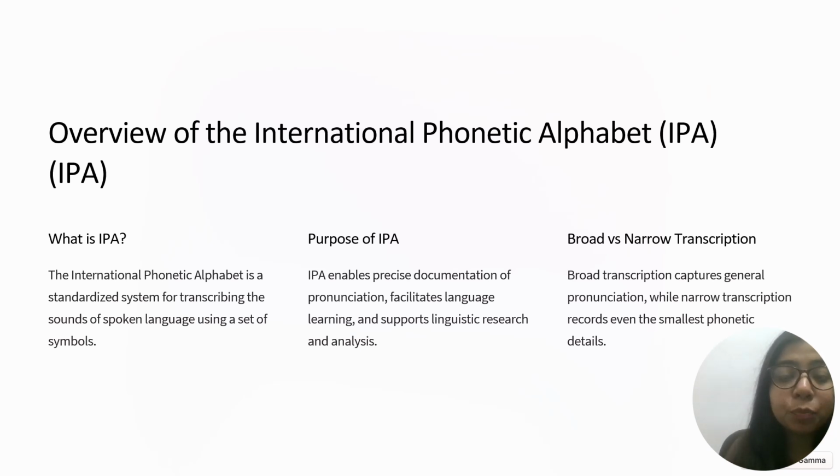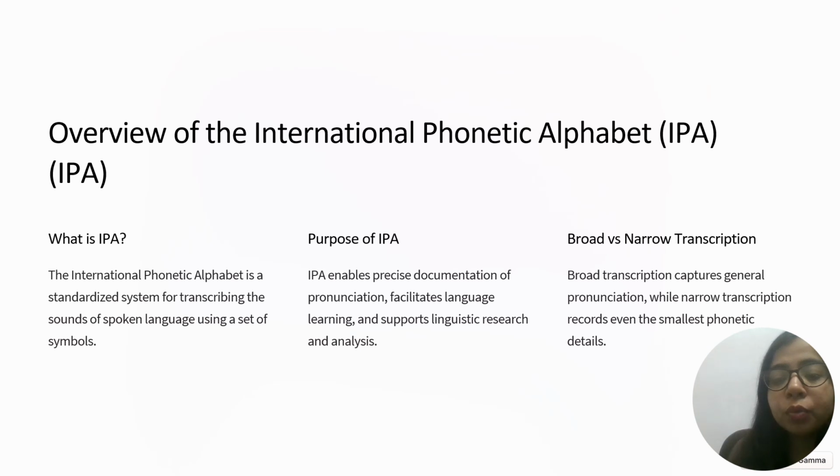IPA enables precise documentation of pronunciation, facilitates language learning, and supports linguistic research and analysis. So it is like a precise documentation of sounds. You can have a symbol for any sound, and it is also important in linguistic research and analysis.